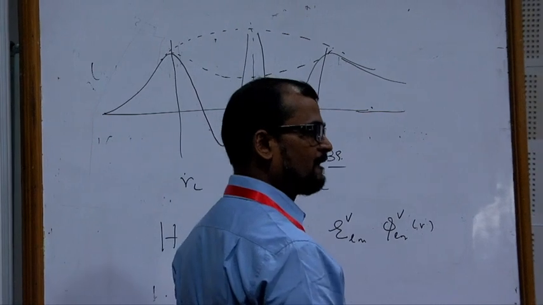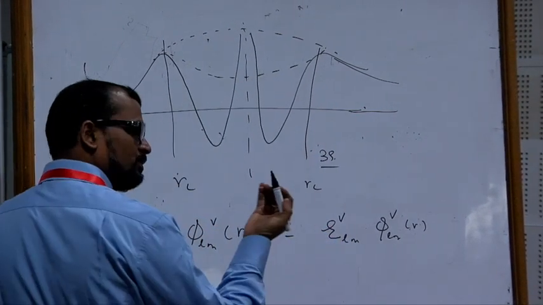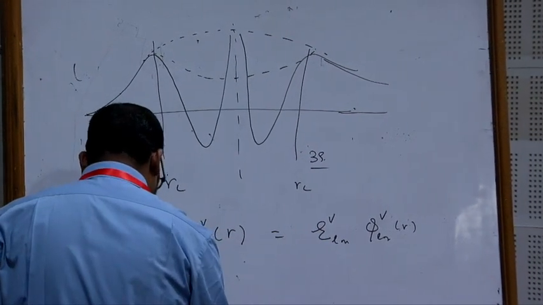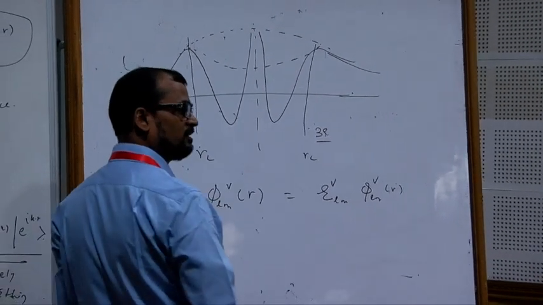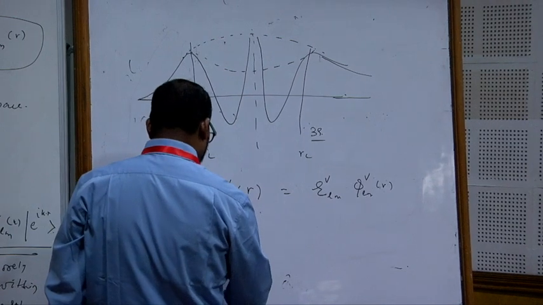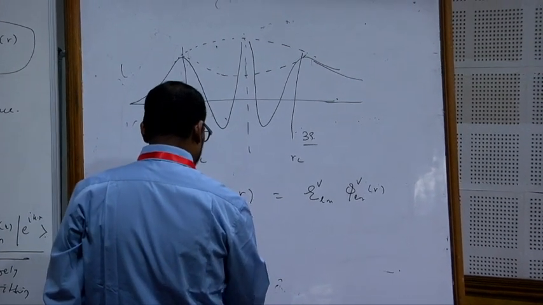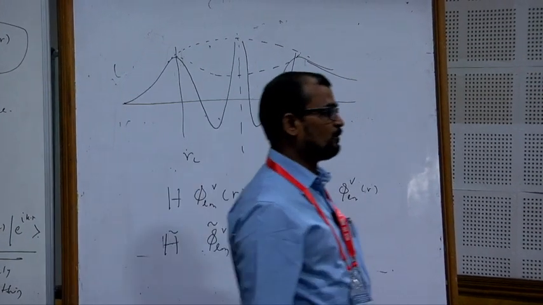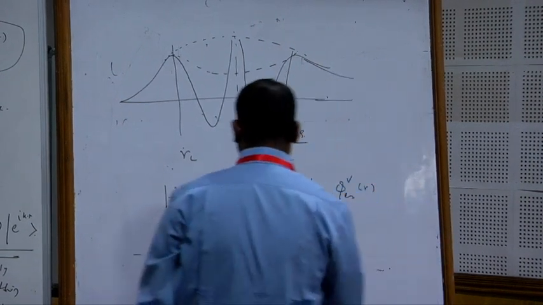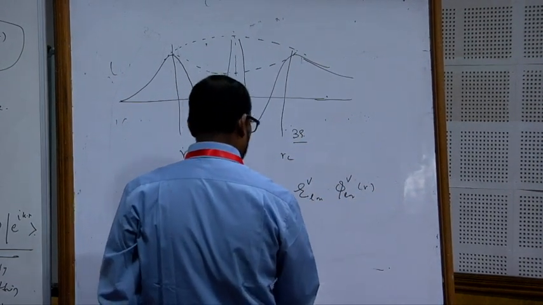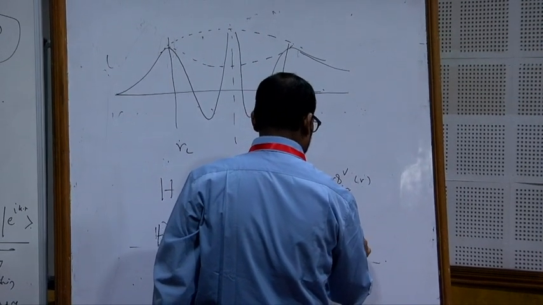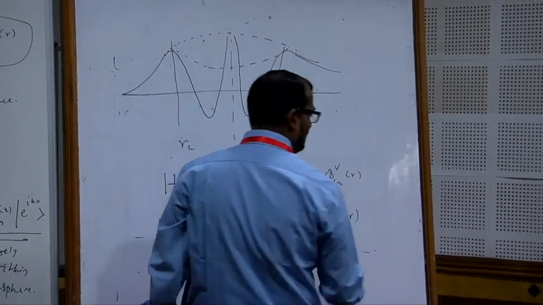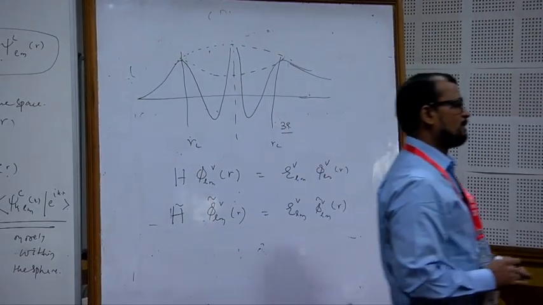I know that. But if I can find a Hamiltonian operator, let's say H tilde, which acts on the smooth component of the wave function phi l n tilde and gives E l n phi l n tilde, then it serves my purpose.